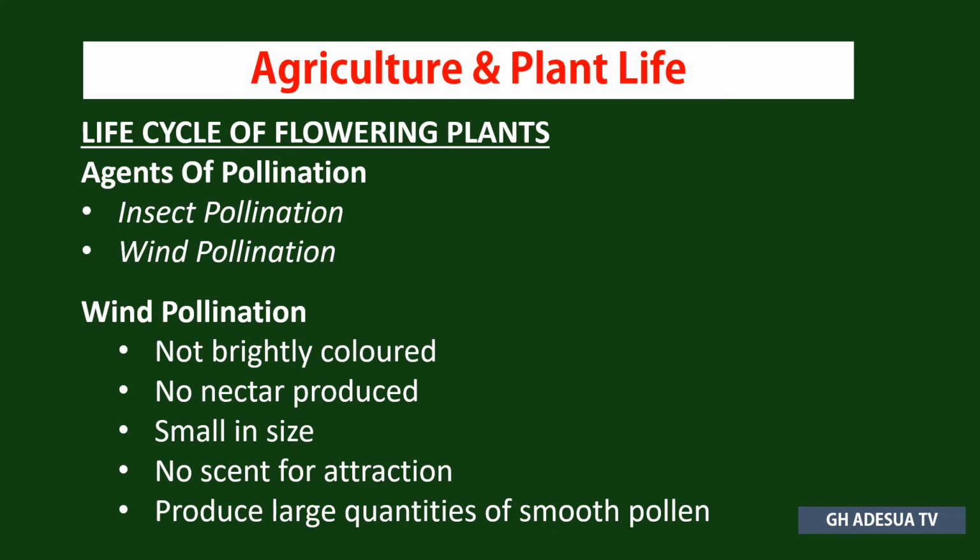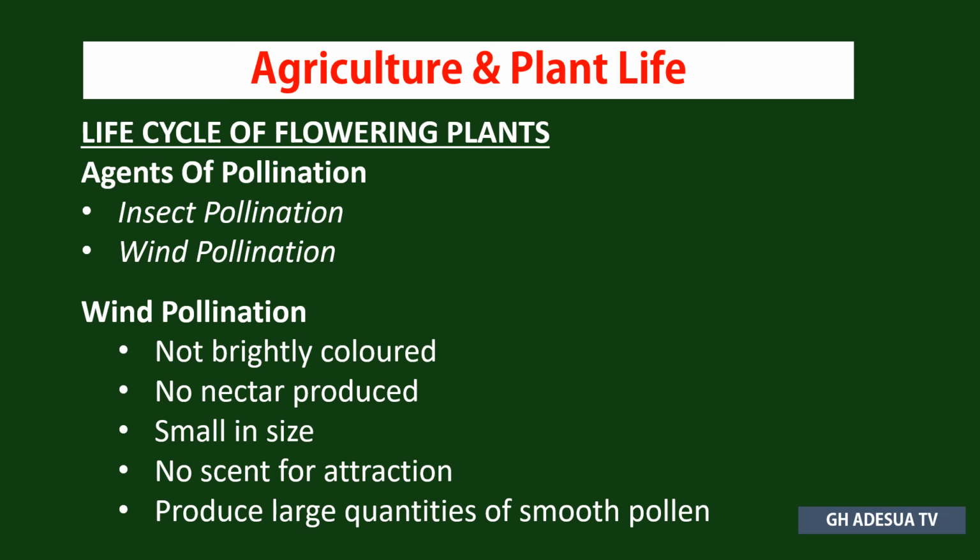Now wind pollination, how are the flowers that are engaged in wind pollination like? They are not brightly colored because they don't need to attract anybody. They have no nectar produced because the wind doesn't need nectar for anything. They are small in size.